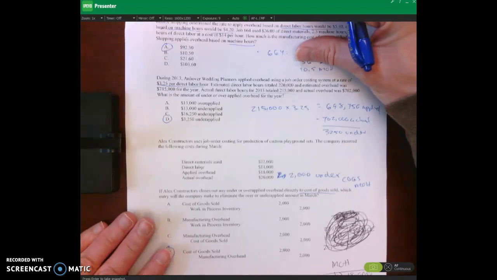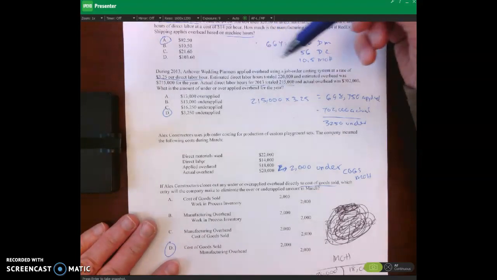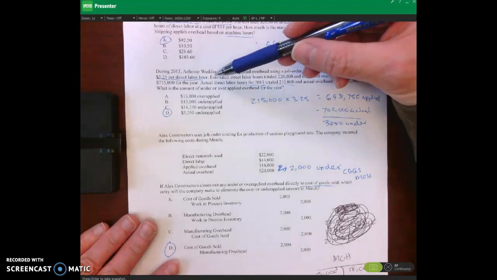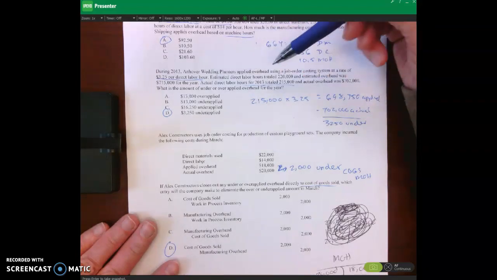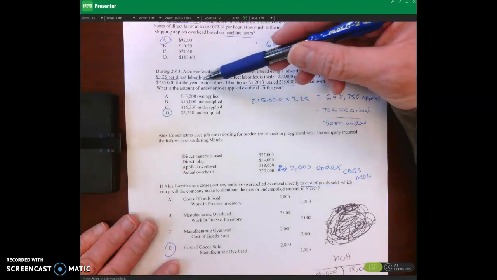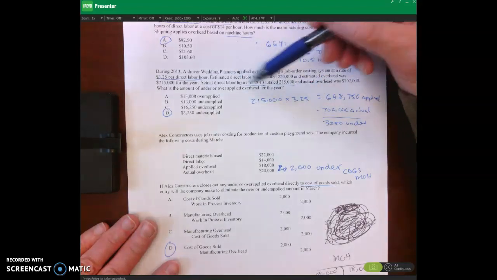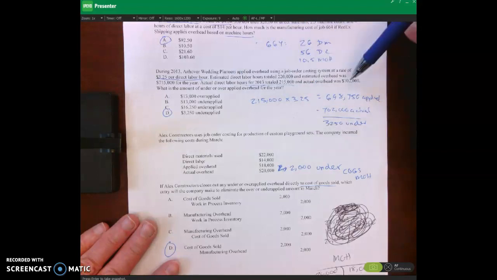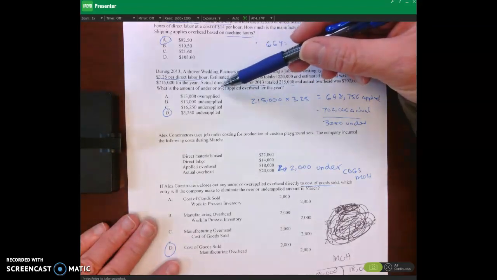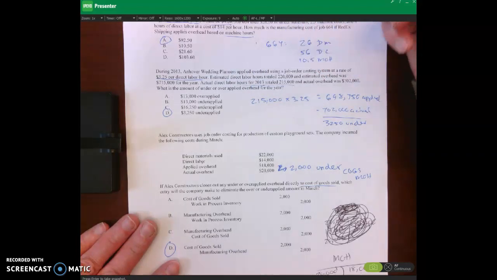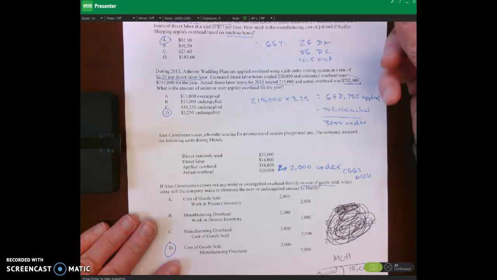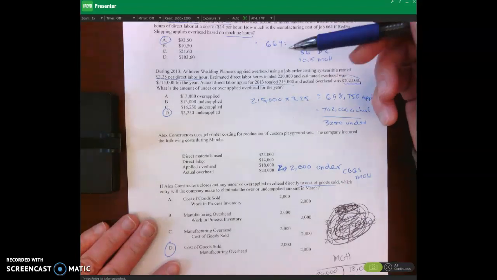Okay. Our next one, a wedding planner applied overhead using job order costing at a rate of $3.25 per hour. Estimated hours total 220. Estimated overhead was 715. Actual direct labor hours are 215, and actual overhead was 702. Determine the amount of under or over applied. The first thing is we're given our actual overhead, and we have to figure out our applied overhead.